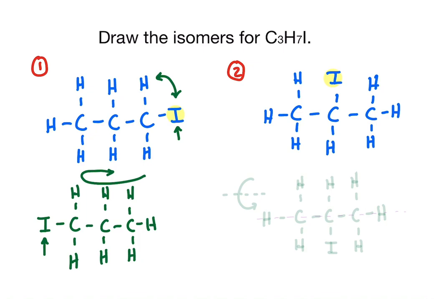So showing one more example, here we have the iodine on top, but what if we put it on the bottom? Is it still the same molecule, or is it an isomer?